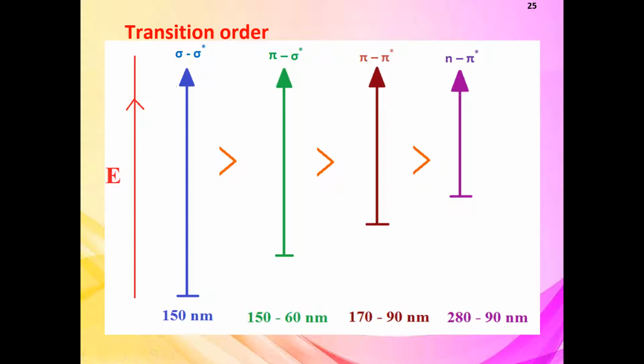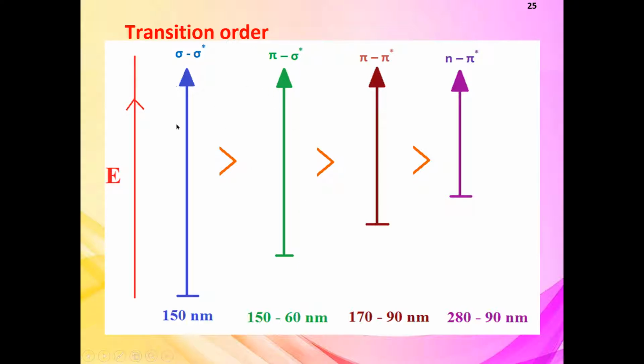So try to recall the wavelength range that I have given you for the UV region. The far UV region is from 100 to 200 nanometers. Hence, these two kinds of transitions, sigma to sigma star transition and n to sigma star transition, occur in the far UV region, in molecules containing a pi bond and a sigma bond.